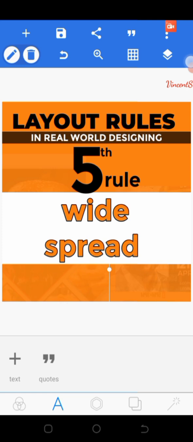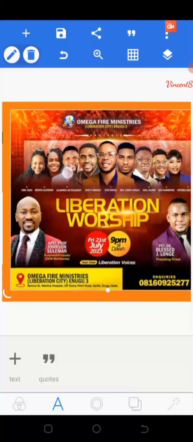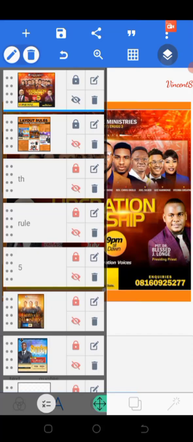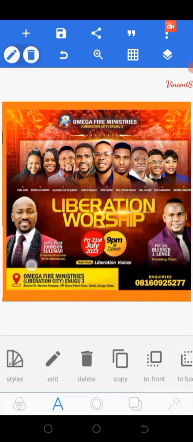So let us just take a look at how this looks like. Okay, so as you can see, this is the fifth one, okay. You can see that we have images on top here, and we also have images here on the bottom. And you can see typographies here, as well as here.